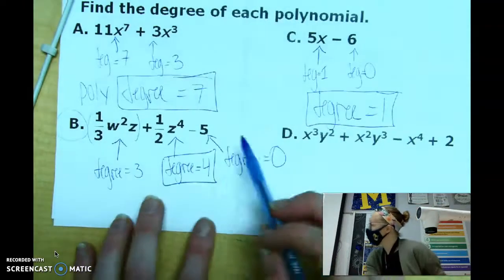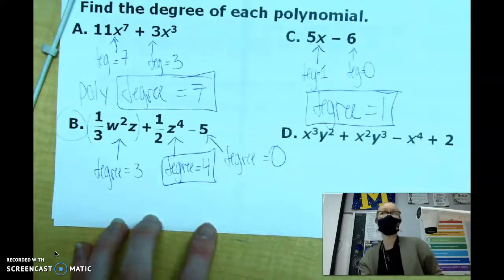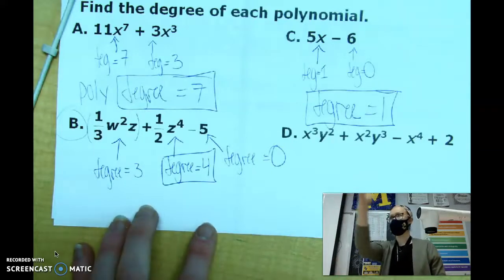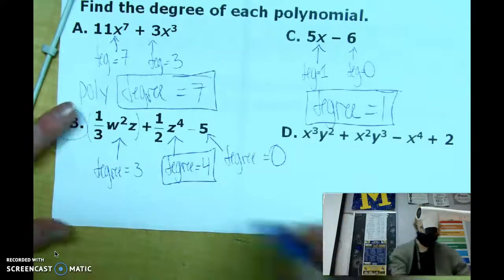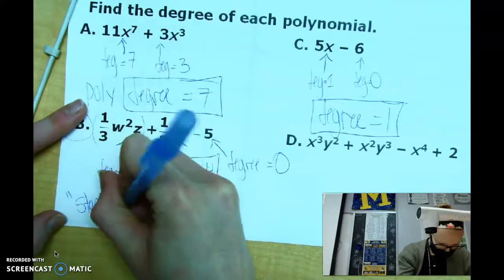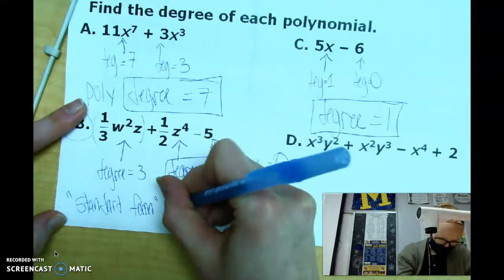So this polynomial is not written the correct way. There's this thing called standard form, where you're supposed to write your polynomial in order by highest degree to lowest. So if I were to rearrange this to put it in standard form, remember, that would be highest degree to lowest.